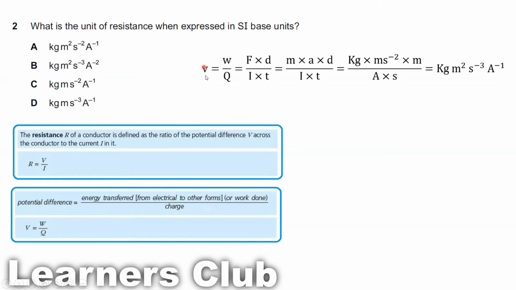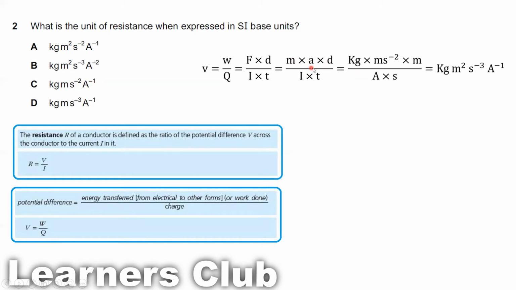So V, which stands for PD in this case, is equal to work done per charge. Work done is the product of force and displacement. Charge is the product of current and time. Now force is the product of mass and acceleration. This D remains as it is. Now the unit of mass is kg.